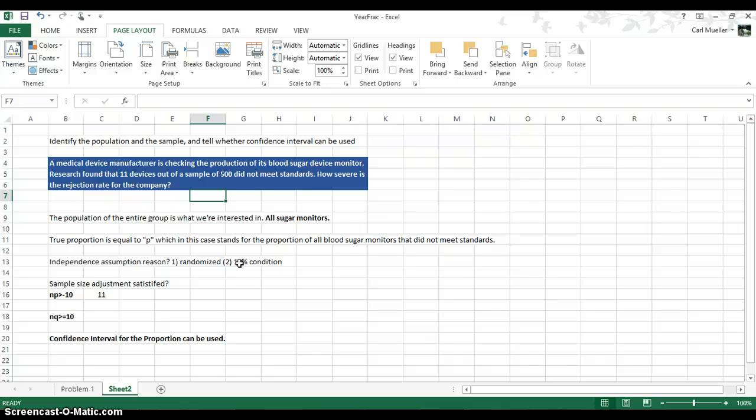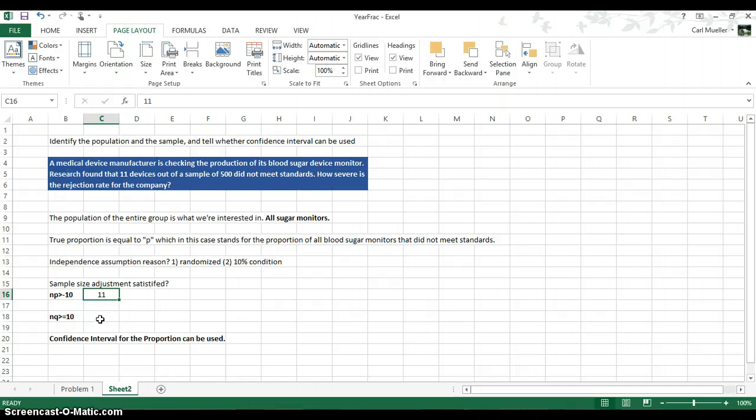Our next step: is the sample size condition satisfied? A good key test is that np is greater than 10. What does this mean? It's counting our failures. So 11. That's one of the key things that we've solved.